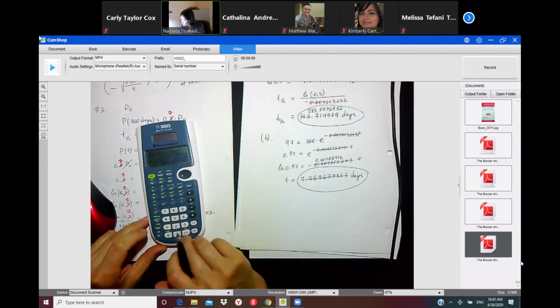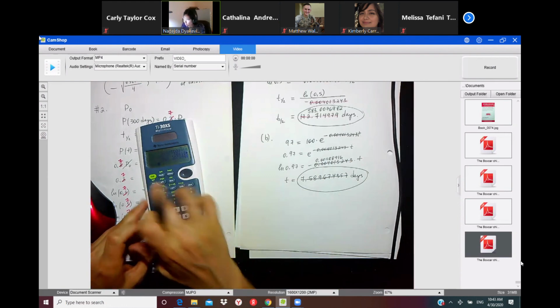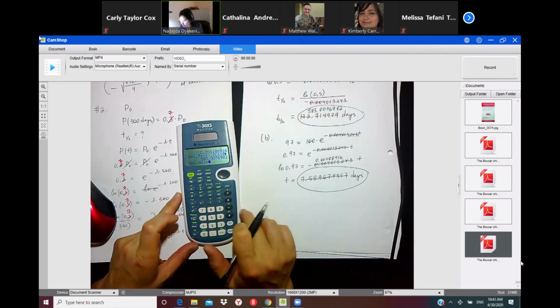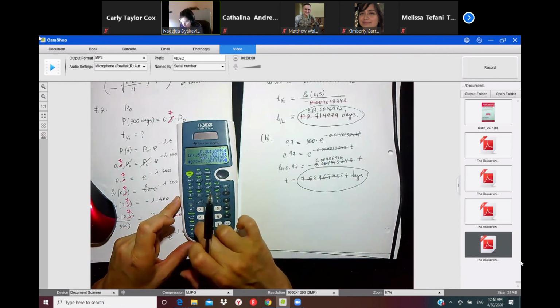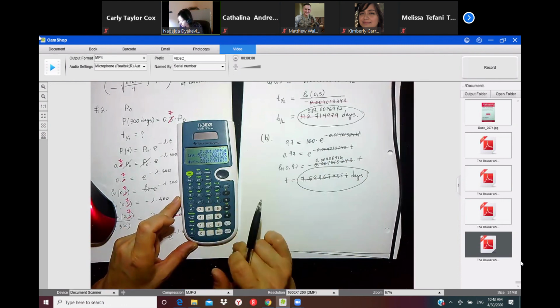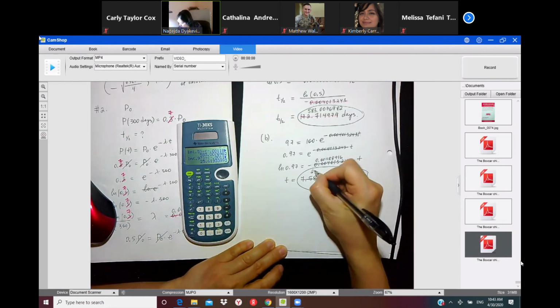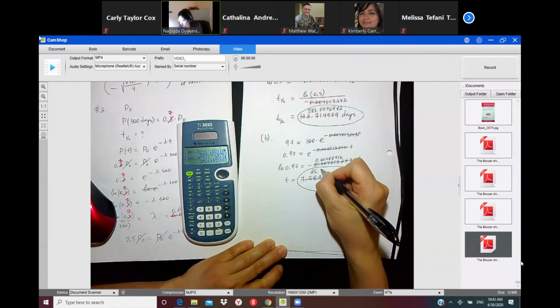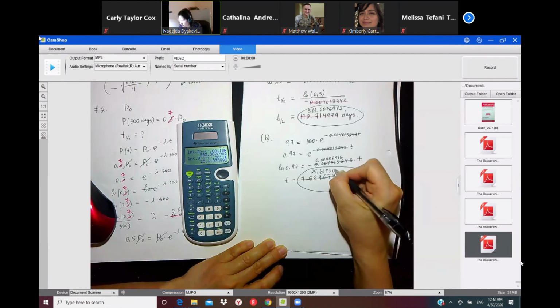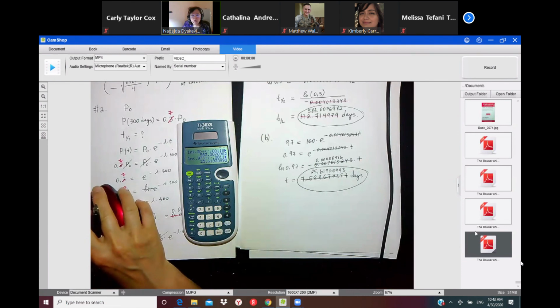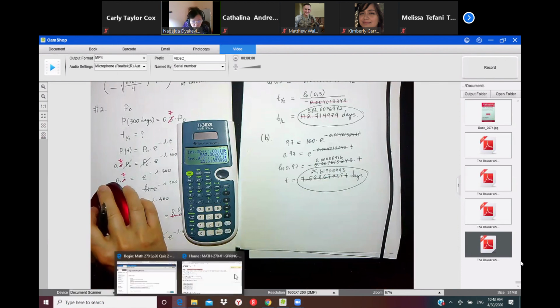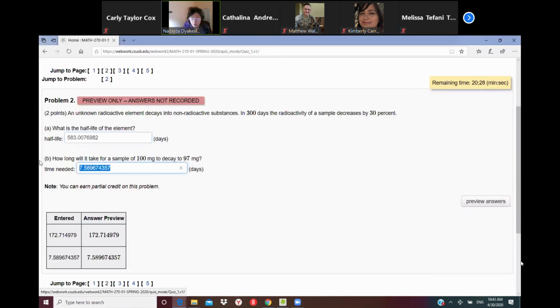We will have to take ln of 0.97 and divide that by open parentheses negative 0.0011888916 close parentheses, and 25.619309993. This is the number I'm getting here. And I have to replace this number right here by this new one.